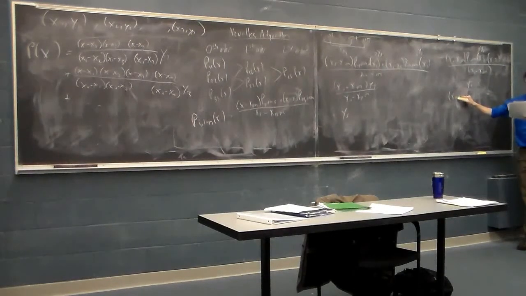We get (xi plus m minus xi plus m) p i to i plus m minus 1 of xi plus m, plus (xi minus xi plus m) p i plus 1 to i plus m of xi plus m, divided by xi minus xi plus m. And in this case, this thing is 0 here, so that goes away.